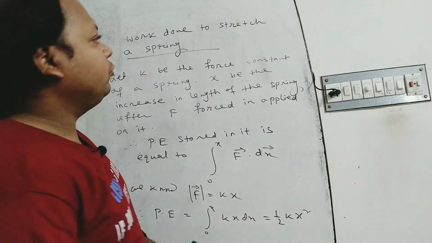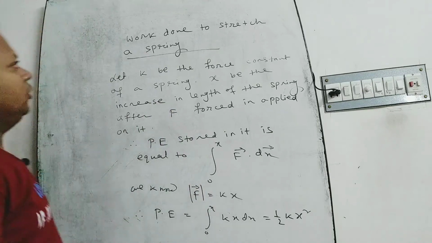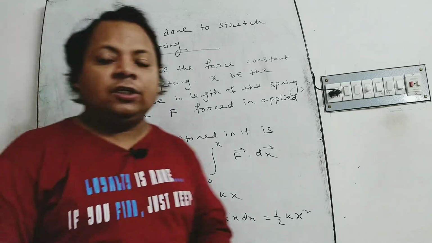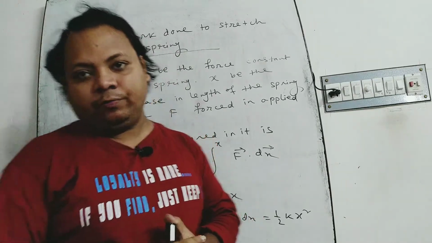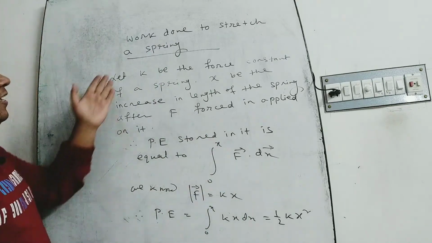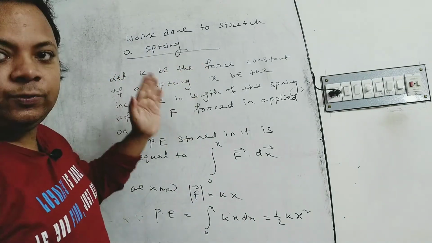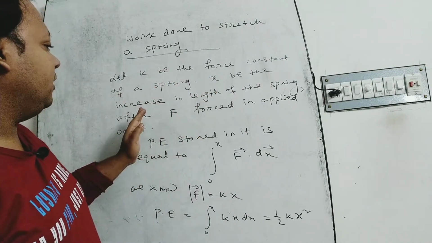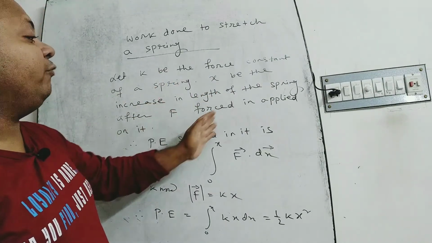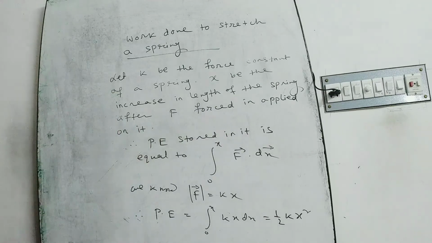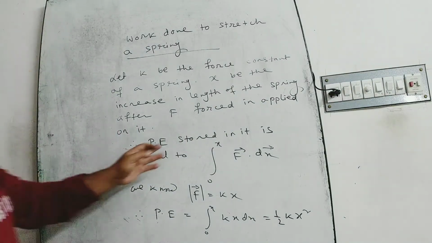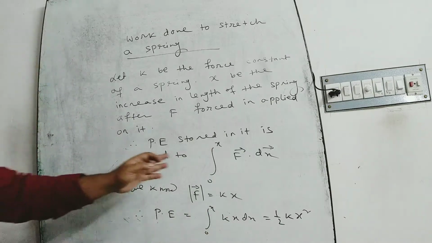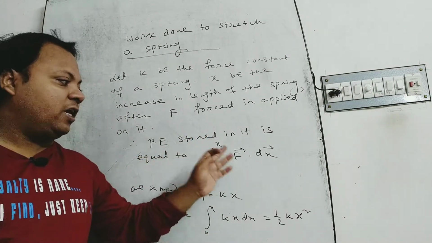Now, work done to stretch a spring, or potential energy stored in a stretched spring. Let k be the force constant of a spring, x be the increase in length of the spring after a force F is applied on it. Now the potential energy stored in it is equal to the integration from 0 to x of F dot dx.